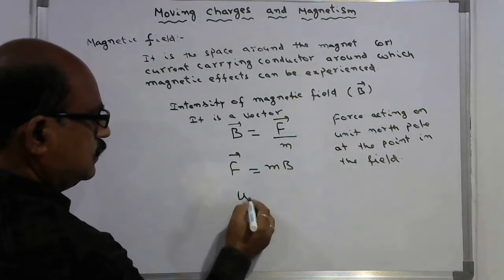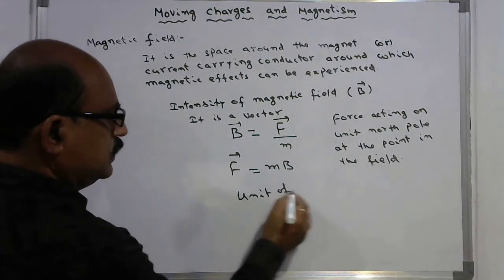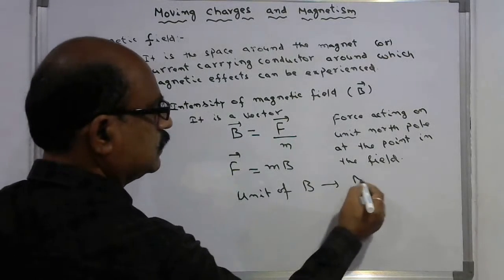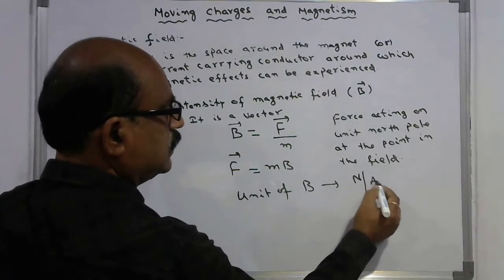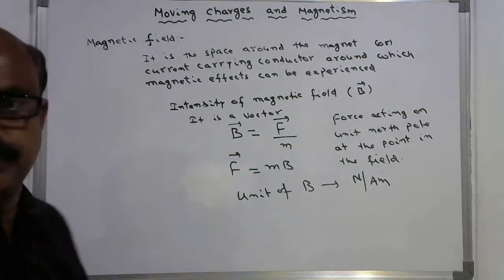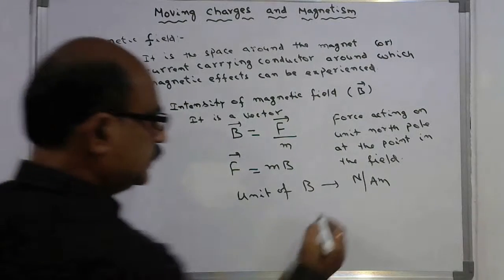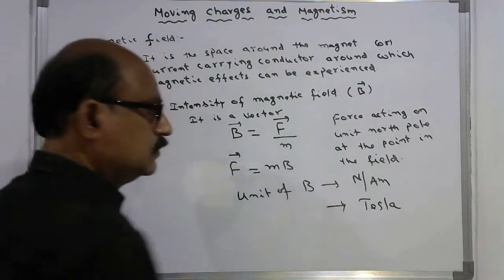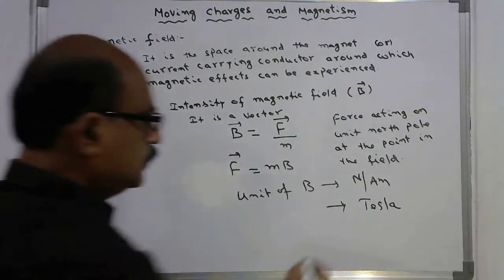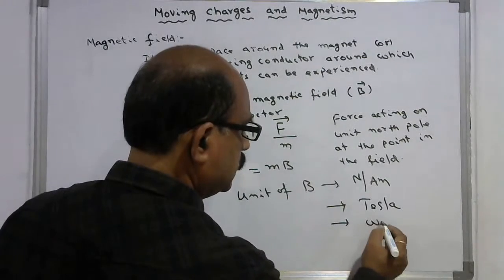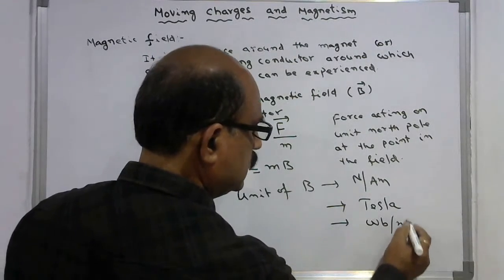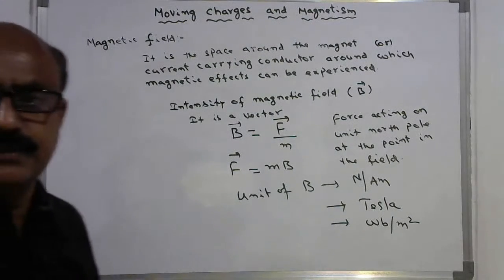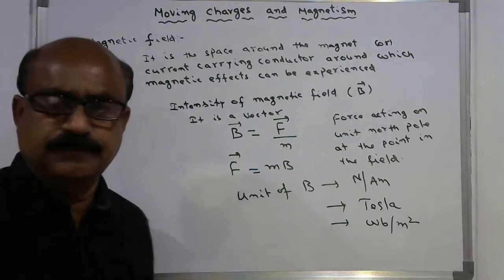One unit is Newton per ampere meter. Another unit is Tesla. One more unit is Weber per meter square. These are all the units of magnetic intensity or magnetic induction.